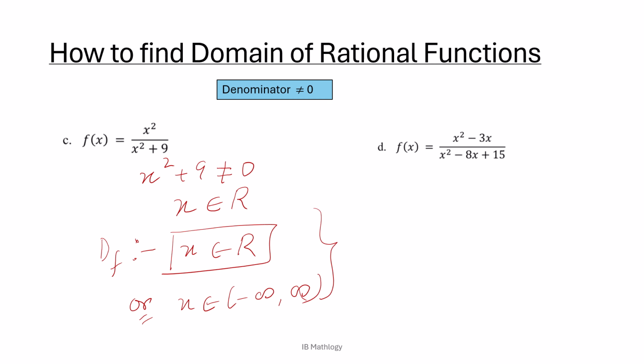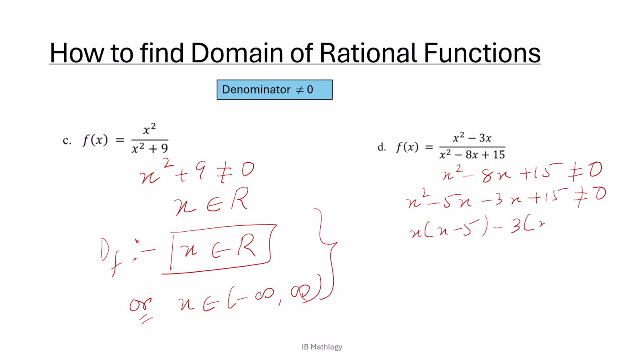Now let's take another example: (x² - 3x)/(x² - 8x + 15). In this, again, x² - 8x + 15 is not equal to 0. Since it is a quadratic equation, we have to factorize it. I am using middle term splitting. From the first two terms I can take x common, and from the second two terms I can take -3 common.